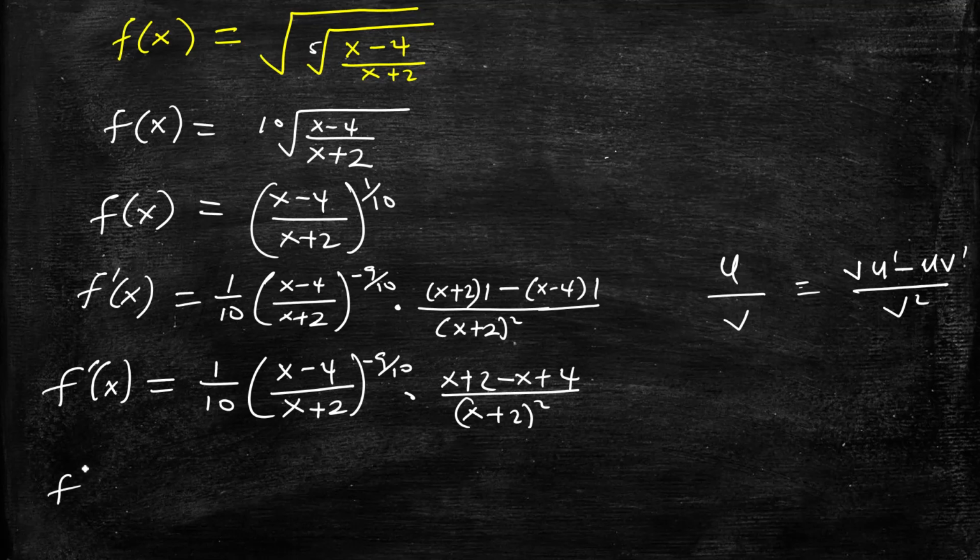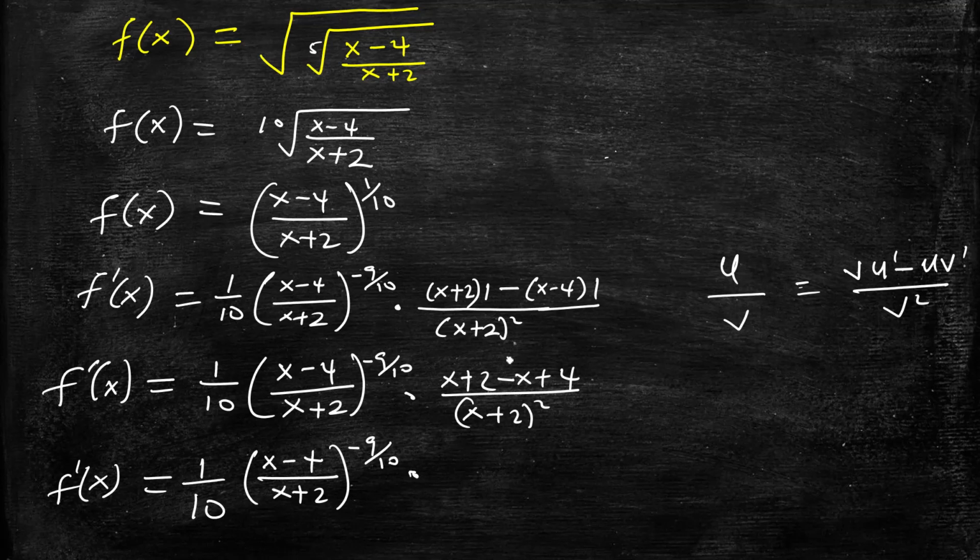So we have f prime of x, 1 over 10 times x minus 4 on x plus 2 exponent 9 on 10, times, so this one will cancel this, all right, so 2 plus 4, 6 on x plus 2 all squared.